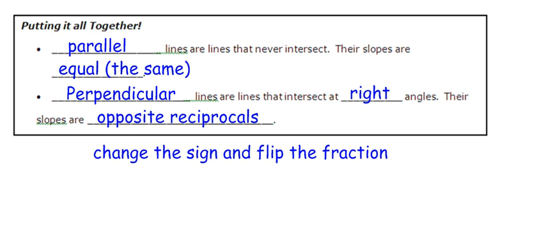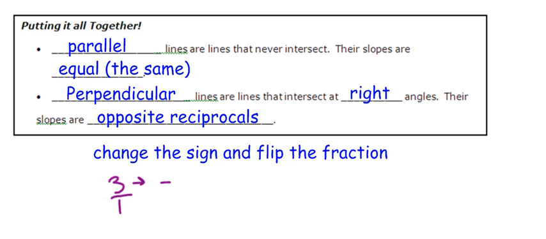So for example, if you have the number 3, the opposite reciprocal of that would be to change the sign, so it would become negative, and flip the fraction. Well, if you're thinking, well, 3 isn't a fraction, right? We can always make a fraction by putting a whole number over 1.